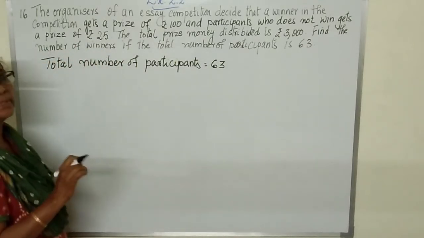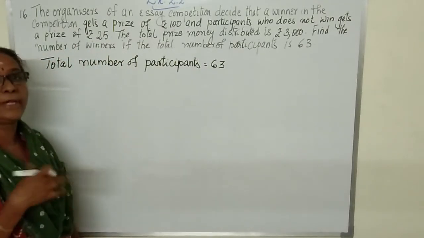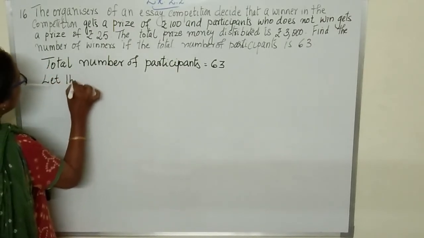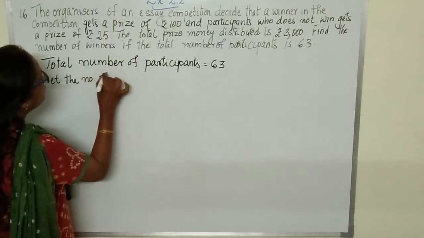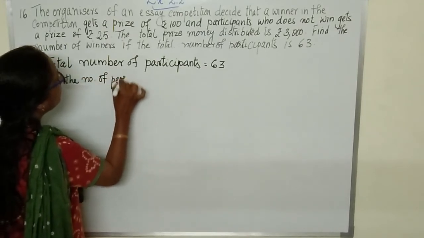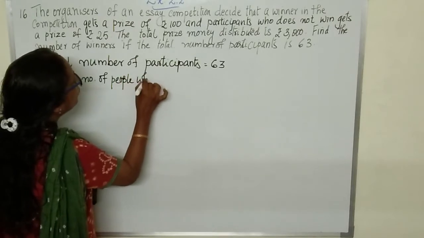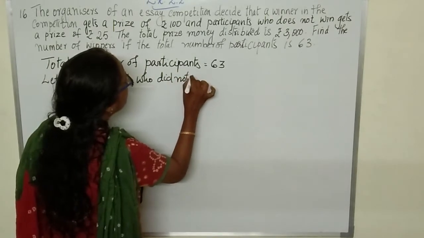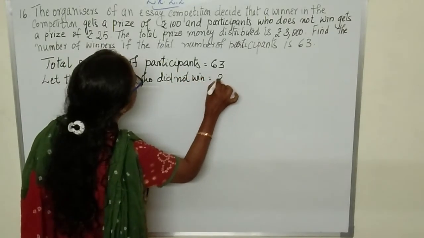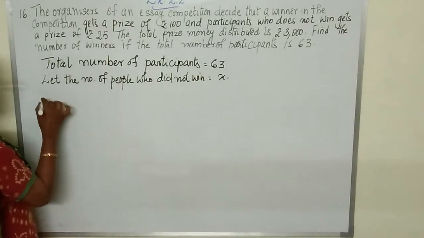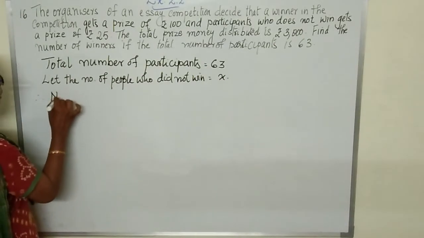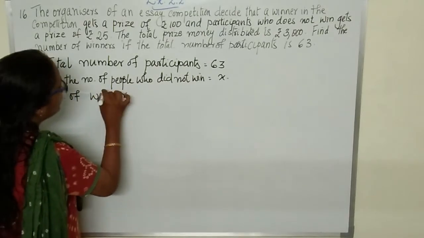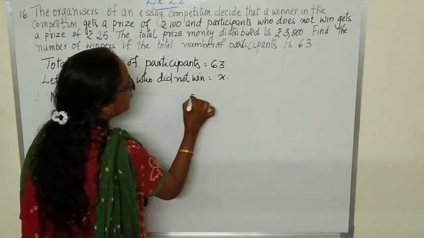Let us take the participants who did not win as X. Let the number of people who did not win be equal to X. So number of winners will be equal to, total is 63.